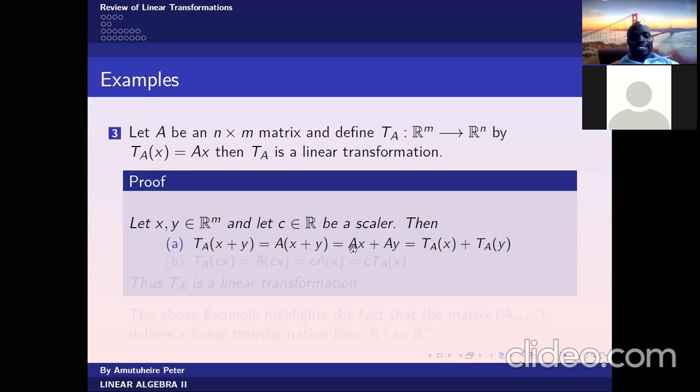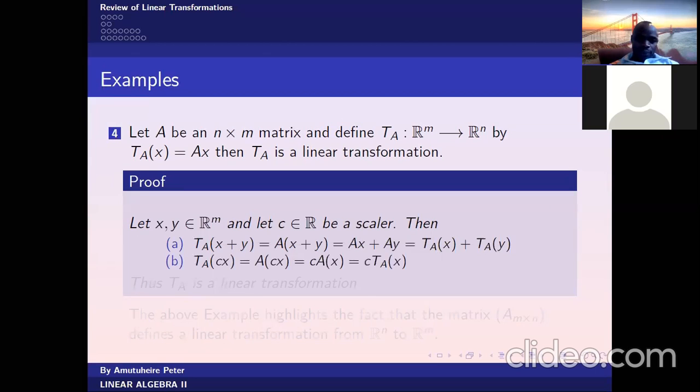But this is the same as Ax plus Ay, because matrix multiplication is distributive over addition. And Ax is T_A(x), and Ay is T_A(y). So you see, property 1 is satisfied.